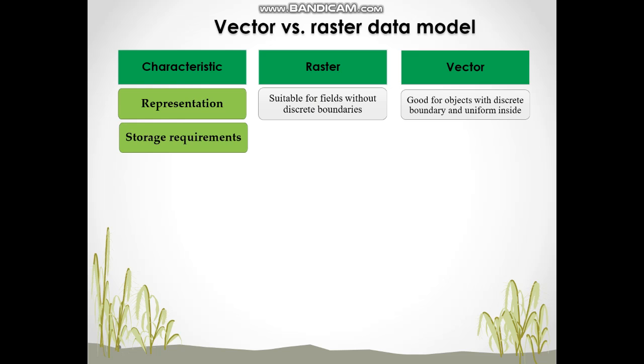Regarding the storage requirement, the raster data model is usually very redundant and costs more data storage than the vector data model. Why? Think about Lake Erie. For the vector data model, you only need to record the important nodes along the boundary of the lake, right? And then you can complete the polygon.